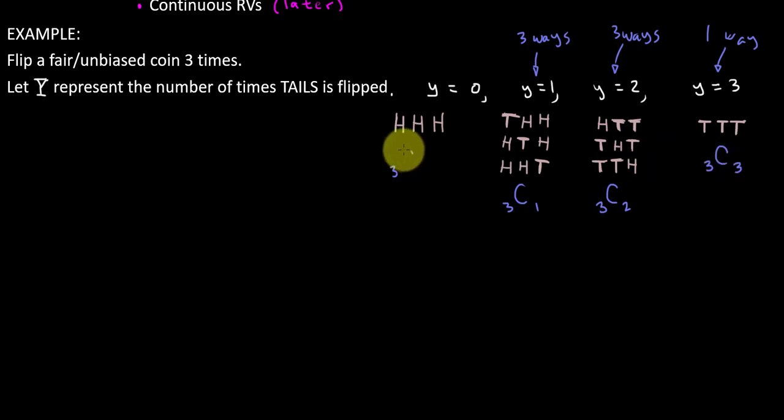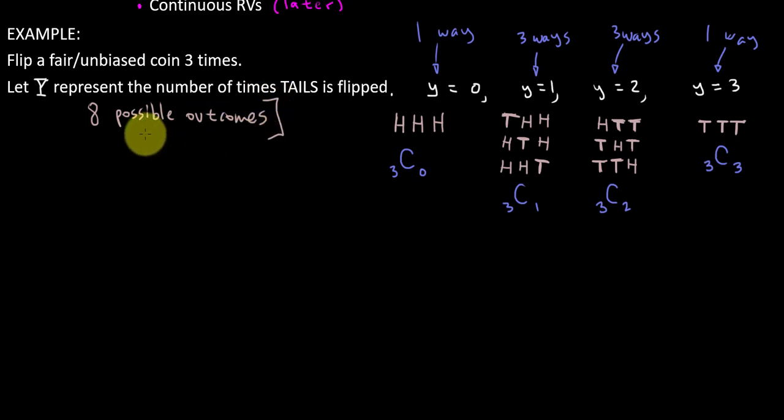Similarly over here, 3 choose 0. So hopefully that kind of connects the concept of combinations into some of this business here. I think it's kind of fun. Backtrack a little bit. There's really 8 possible outcomes when you flip a coin 3 times.